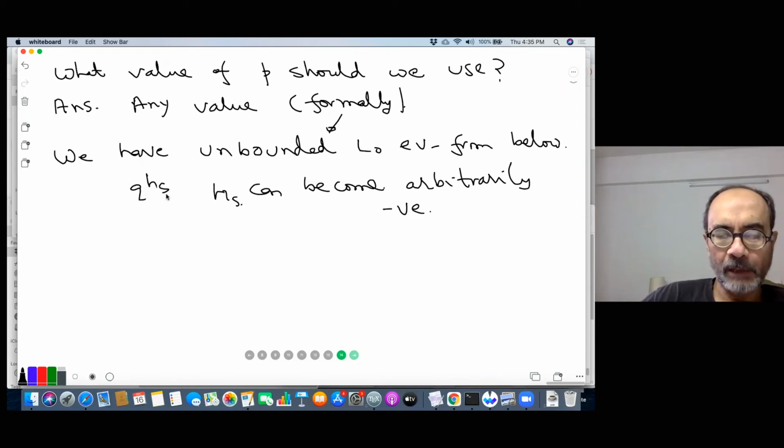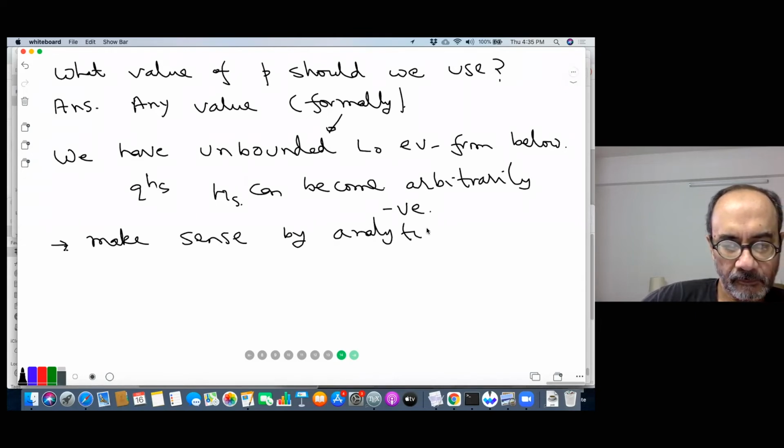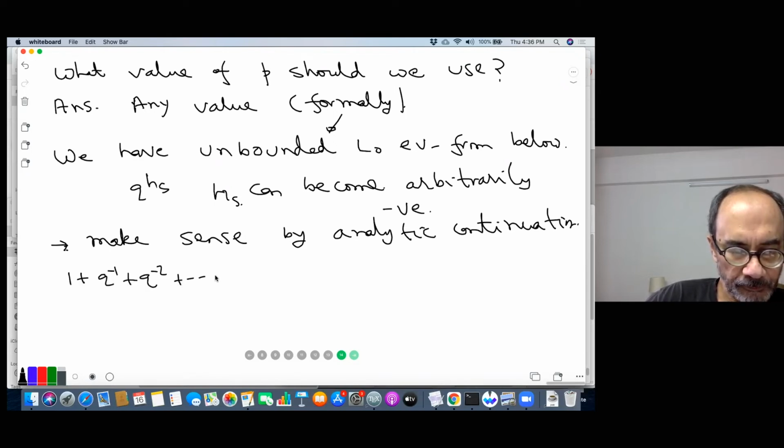So it's not clear what we mean by sum over S. The way one has to interpret it formally is by some kind of analytic continuation. So you have to make sense of this by analytic continuation. If you have some sum like this, for example, this sum makes no sense when Q is small.